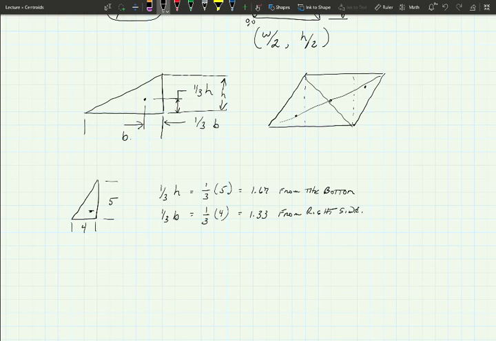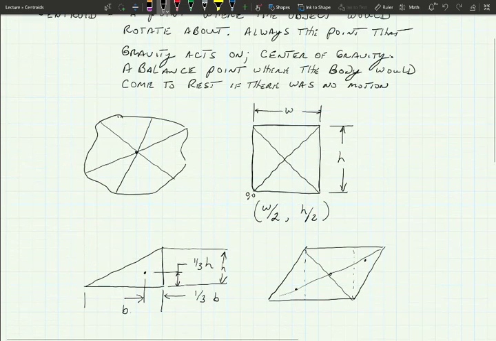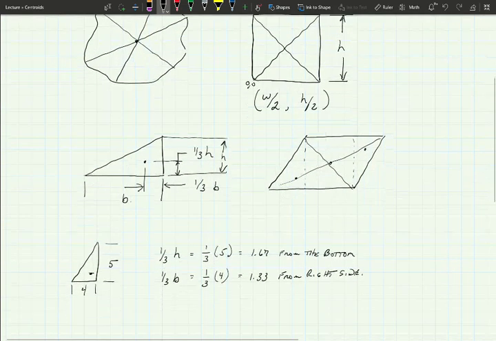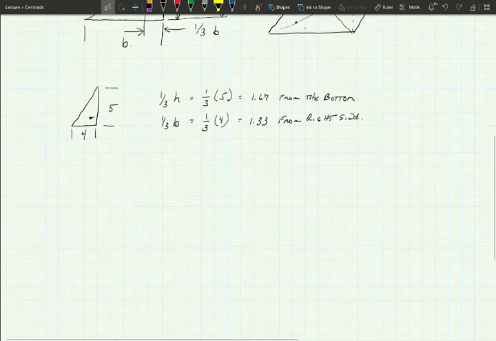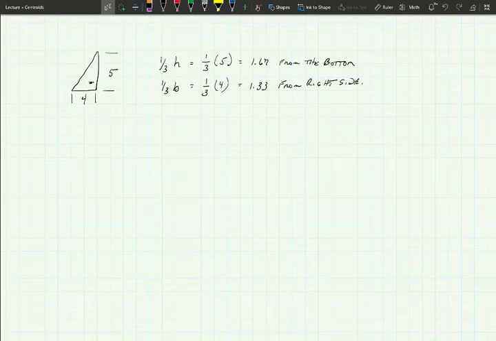All right, I think that's a simple enough demonstration of what a centroid is, where it exists, and as long as we're here, why does it matter? Well, okay, so project forward. Strength of materials.